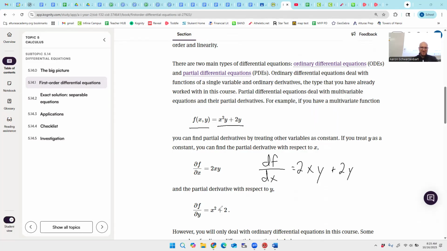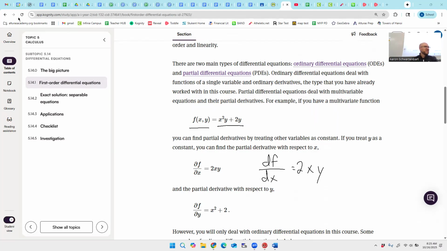Why does their answer not include the plus 2y down below? Oh, because it's a constant. Sorry, I missed that. The derivative of a constant, derivative of 2 or 7, is 0. We treat y as if it's a constant.